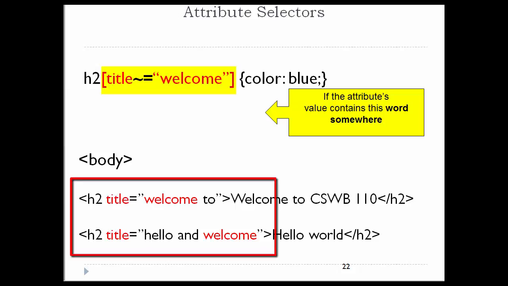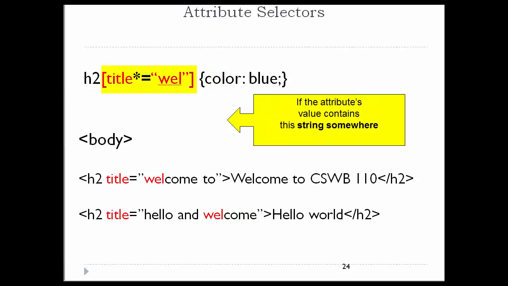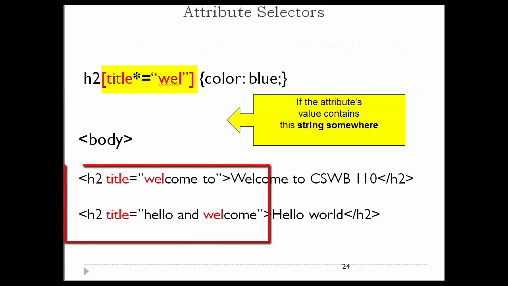So that would be a match, meaning the style would be applied. The asterisk means that the title will contain that string, not necessarily the word. So if we look in the body section, we have the string WEL in two different places. Therefore, that would be a match and the style would be applied.